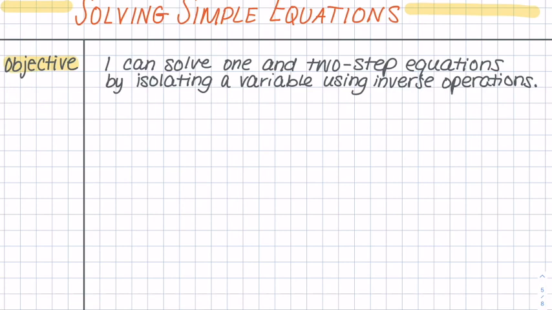So what does it mean to solve an equation? And I want you to write this in really large letters or something very clearly across the middle of your notes.